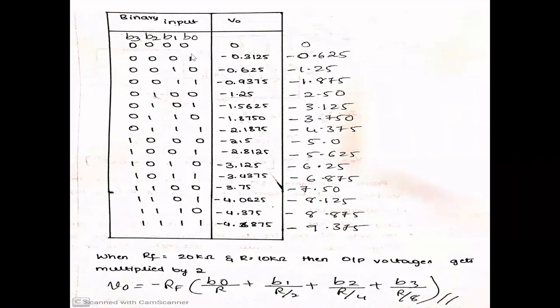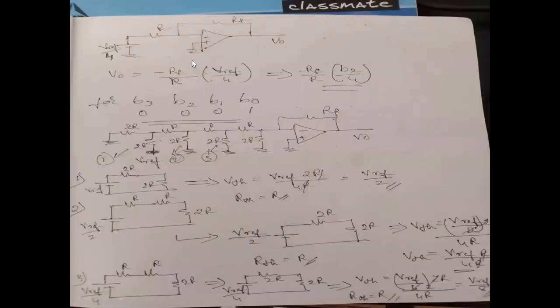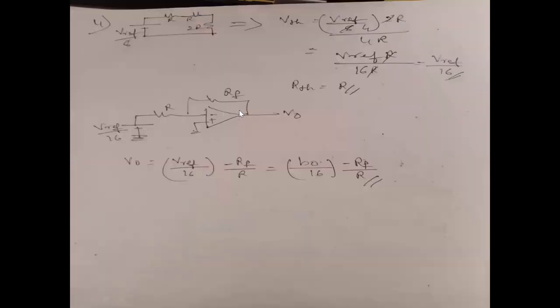When your binary input B0 is high, the output voltage we obtained is B0 by 16 into minus RF by R. When you substitute 20 kilo ohm and 10 kilo ohm, and your reference voltage to be 5 volts, what is the output voltage you obtain?